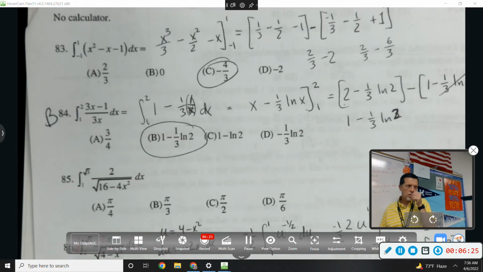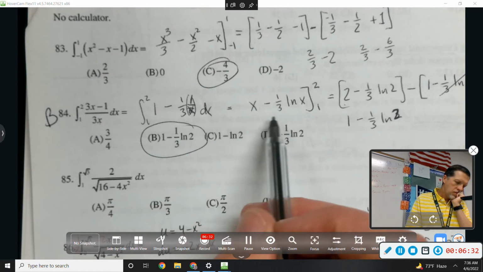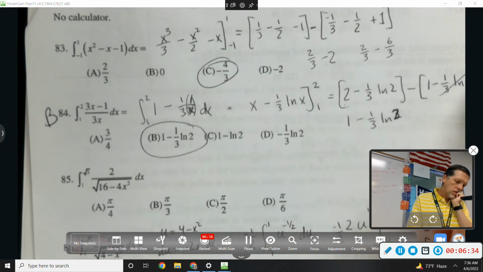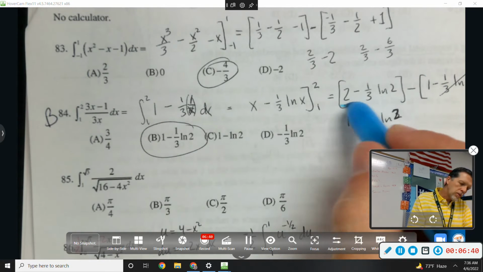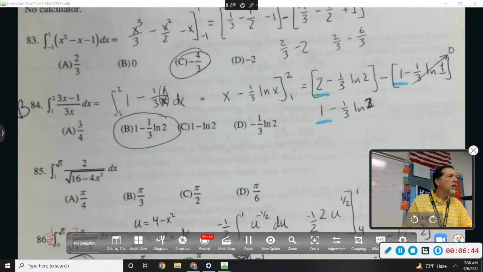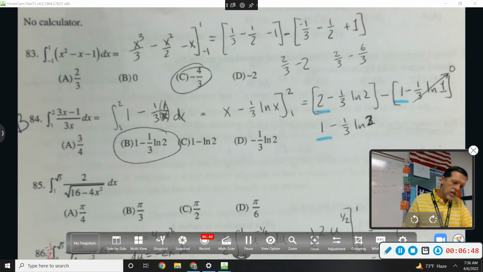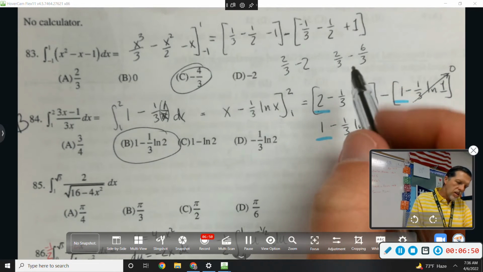Wait, I have a question about 84 again. Mm-hmm. So where does the other 1 go? Like when natural log of 1 is 0, but it's 1 minus. Like where does the 1 go? Isn't it 1 minus 0? Yes, but I did 2 minus 1 gives me that 1. Oh, okay. Why did you subtract this 6/3 from the minus 2?